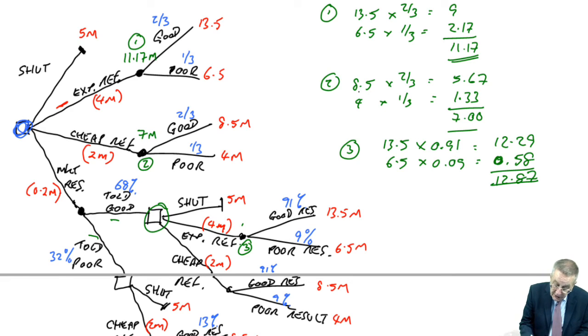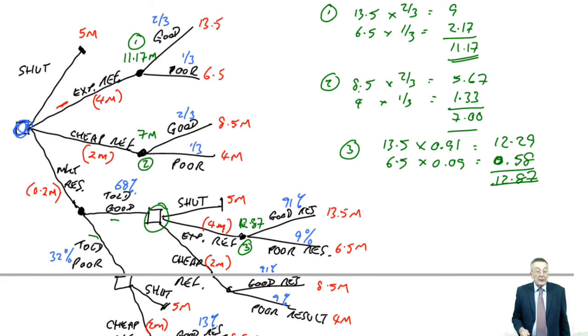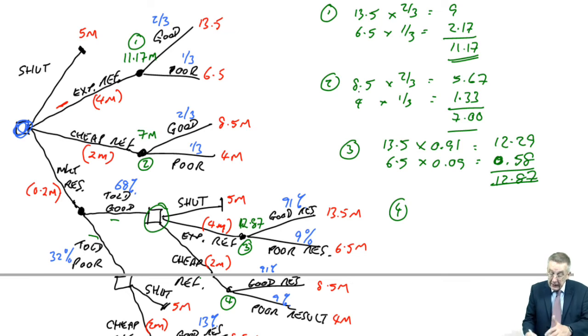So the benefit of expensive would be 12.87. Or if we decide to do cheap, we'll pay out another 2 million, but we'll get back either 8.5 or 4.